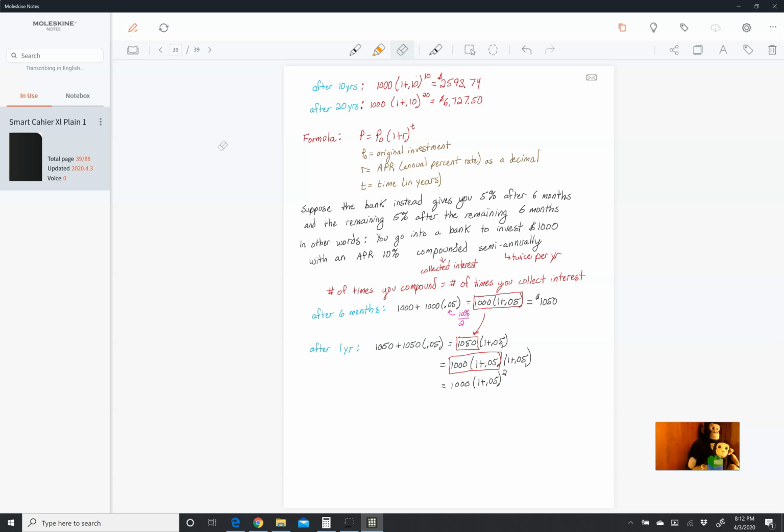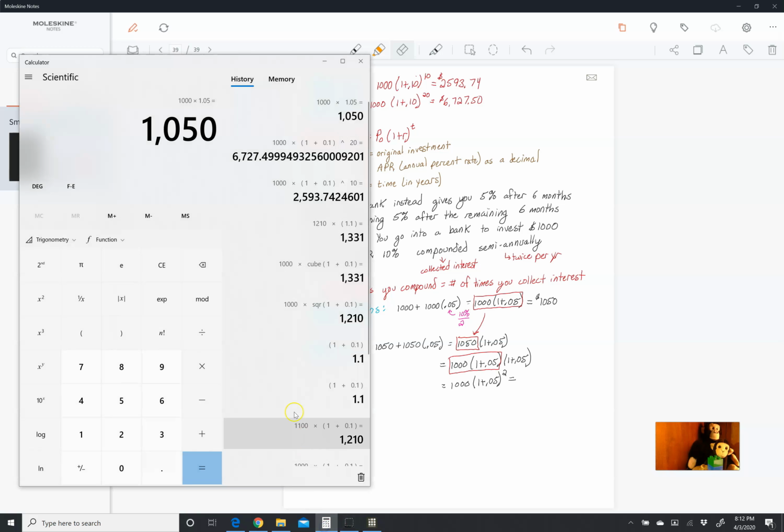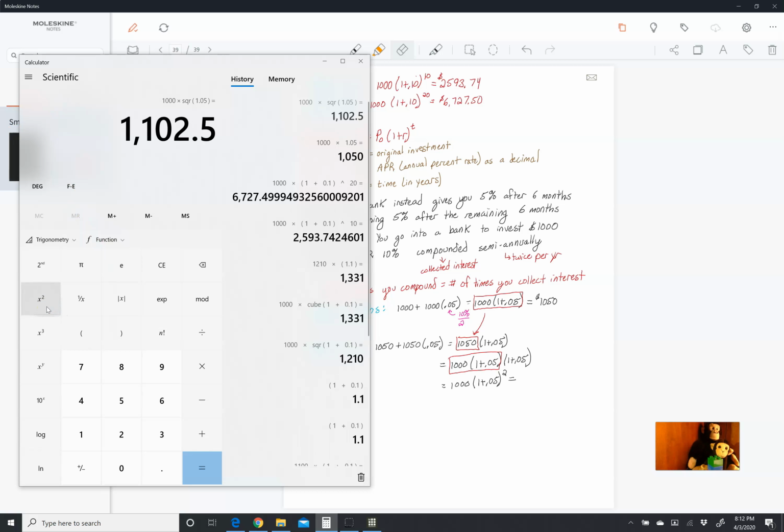$1.05 squared. And if we do that, what this is saying is after 1 year, one plus 0.05 is 1.05. Well, now we have $1,102.50.